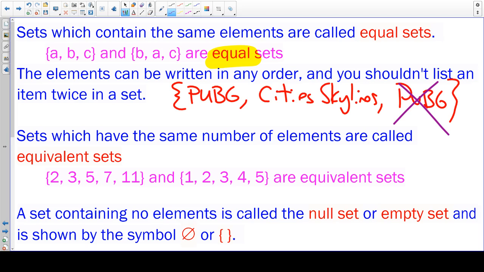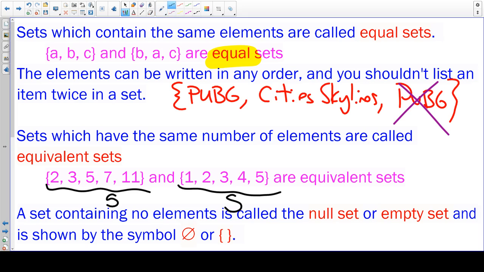Sets that have the same number of elements, not the exact same elements, but the same number of elements, are called equivalent sets. 2, 3, 5, 7, 11, and 1, 2, 3, 4, 5 are equivalent sets. Why are they equivalent sets? Well, because there's 5 things here, and because there's 5 things here.